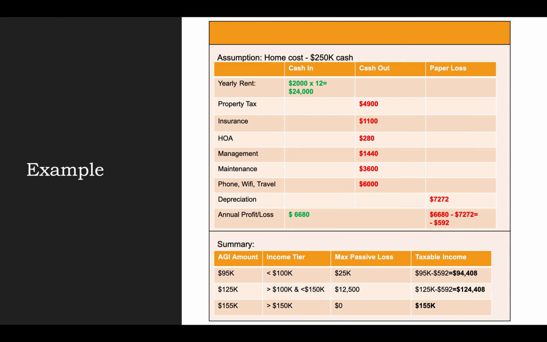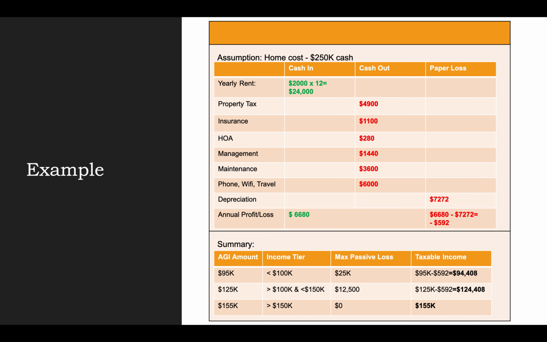The second scenario is your adjusted gross income is $125,000, which is between $100,000 and $150,000. In this case, you are able to deduct up to $12,500 in passive loss. And since our passive loss is less than that amount, you're able to deduct the entire $592 again.